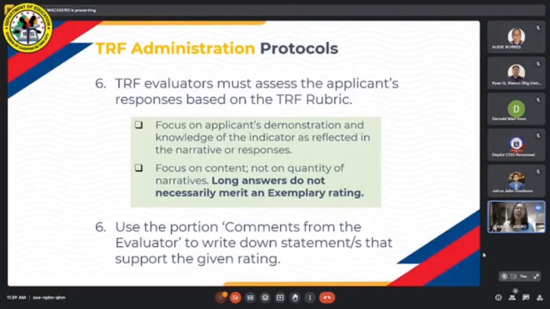So, take note, this is not about the length of the answer. Long answers do not necessarily merit an exemplary rating. Use the portion comments from the evaluators to write down statements that support the given rating.